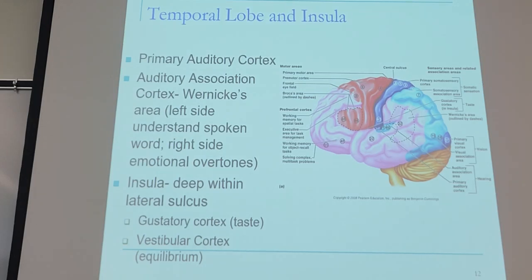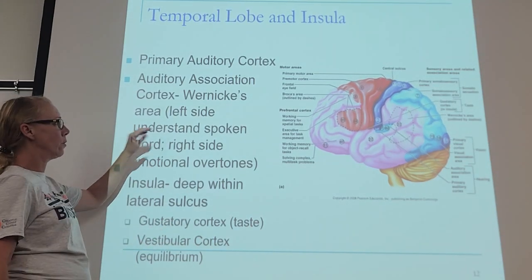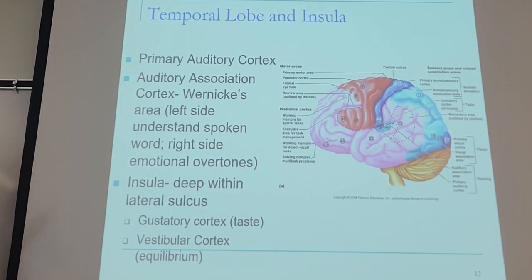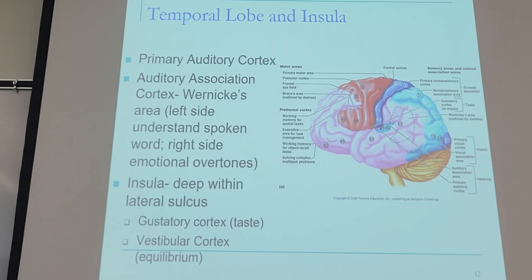You can physically talk, but you've got to be able to understand that letters come together to form words, words come together to form sentences, and sentences have meaning. The level of complexity just goes up and up and up. So left side Wernicke's area allows you to understand spoken word, and the right side allows you to understand the emotion that's coming from that.